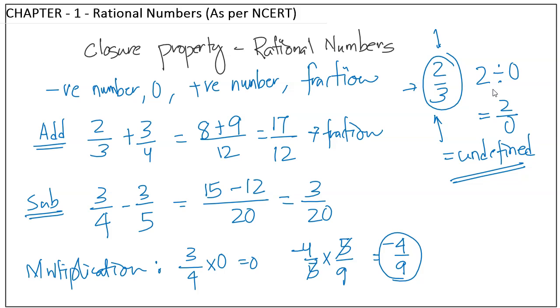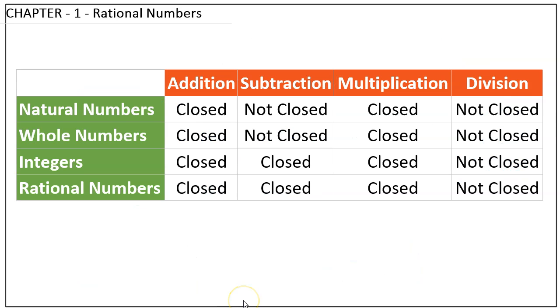Okay, so we will now see these properties in a tabular format so that things are pretty much clear and you get a view in one place. Now look at the table. Whatever we have discussed till now is being put into this table. This is the gist of all our discussion.